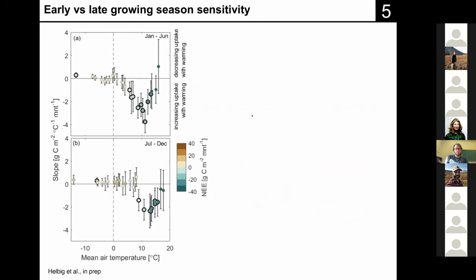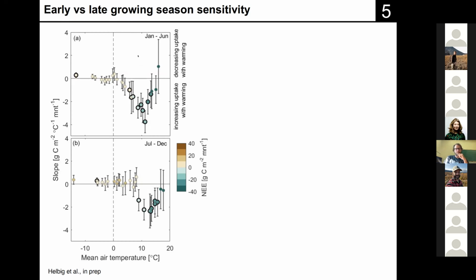So now we use this big synthesis data set, and we apply a linear mixed effect model, where we take sites as random effects. The fixed effects will be the relationship between mean air temperature and net CO2 uptake. And then we bin the data according to mean air temperature for different months for these sites.